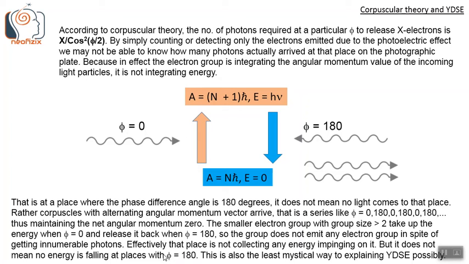The usual interpretation is that no photon is actually falling on the photographic plate at those particular places, but according to the corpuscular theory, there are a lot of photons falling, but since they have opposite angular momentum orientation, the angular momentum is getting cancelled. So the integrated angular momentum at that place is 0, and therefore no energy is being absorbed. Whatever energy was absorbed when phi is 0 is being given up when phi equals 180. So overall there is no actual energy collection.